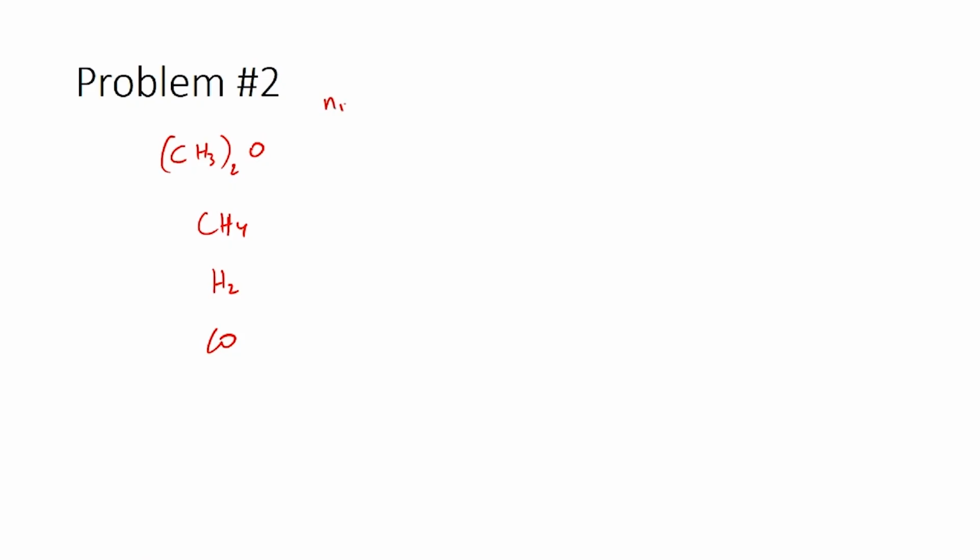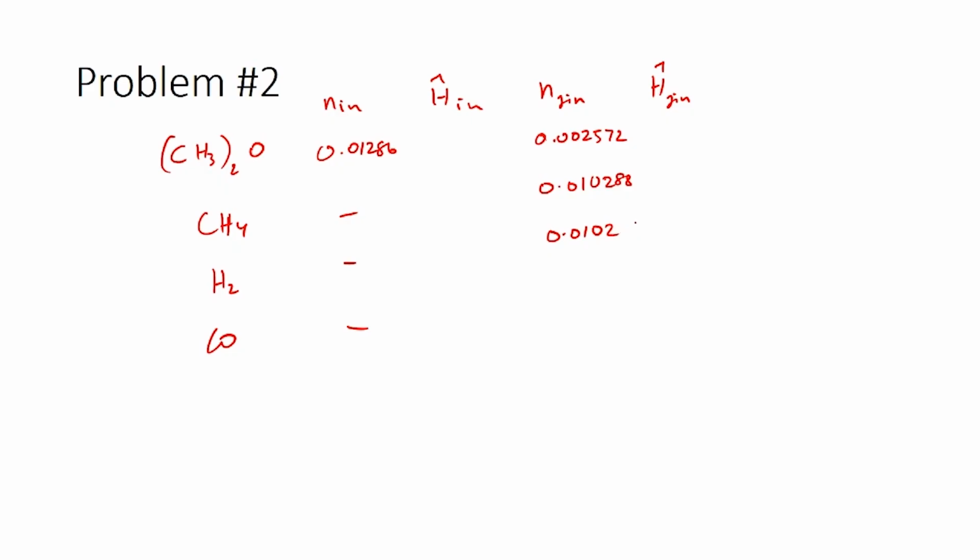We will have to fill in N initial, H cap initial, N final and H cap final, and from here we would have 0.01286 and zeros here, with 0.002572, 0.010288, 0.010288, 0.010288.